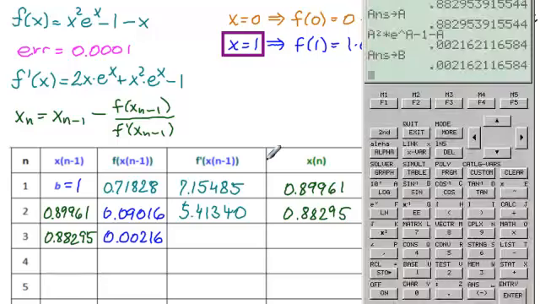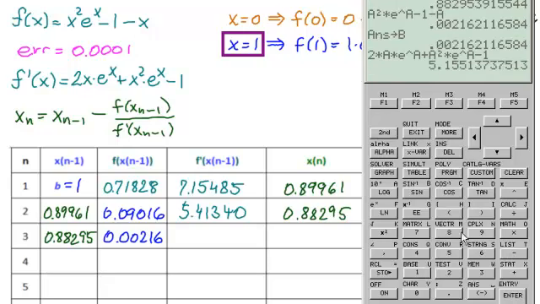So what do we have? 2 times alpha A times second ln of alpha A plus alpha A squared times second ln alpha A minus 1. Enter. So 5.15514, and that goes into C.